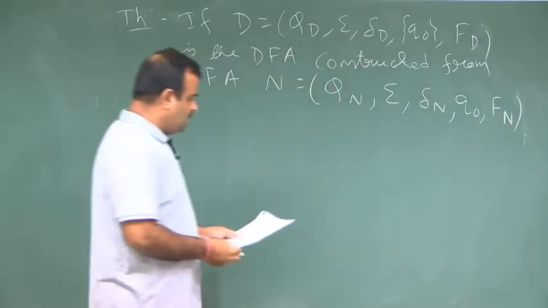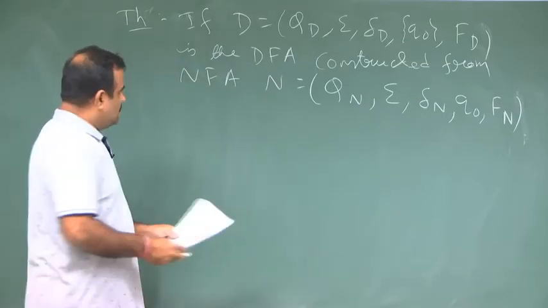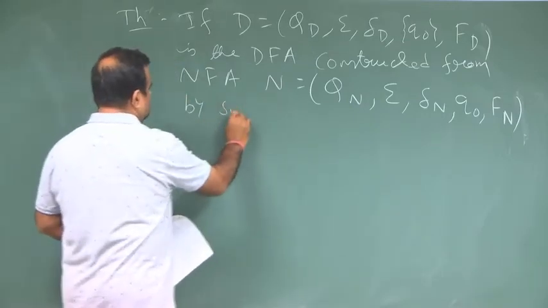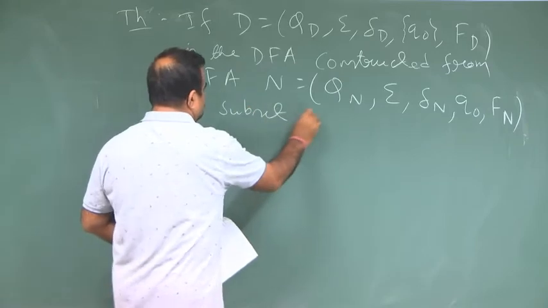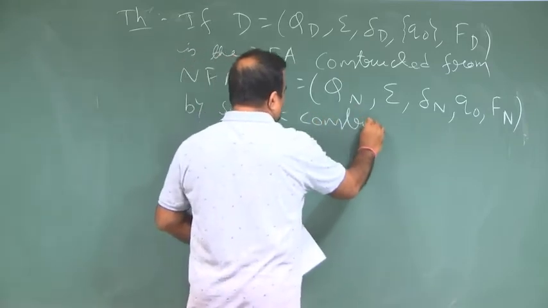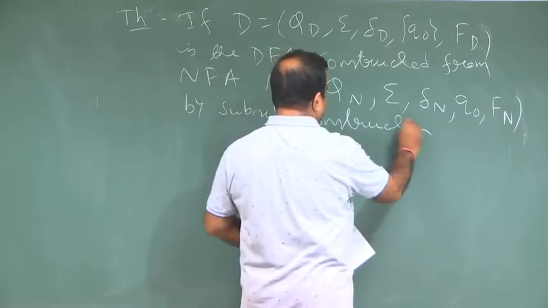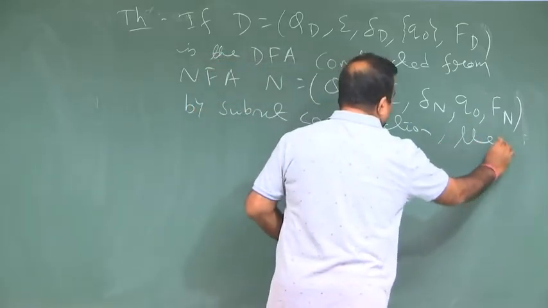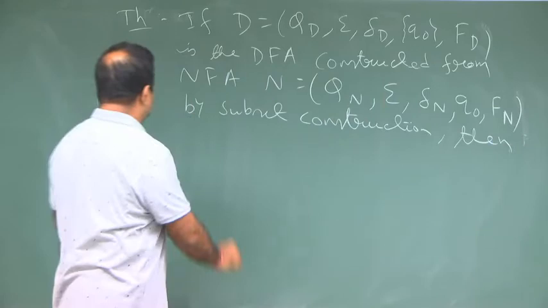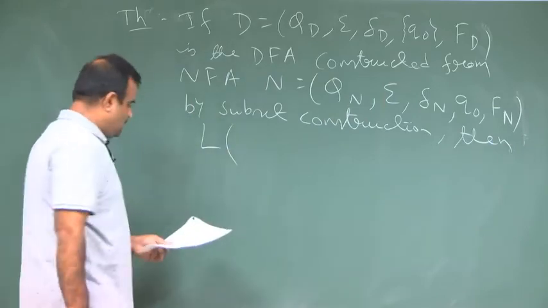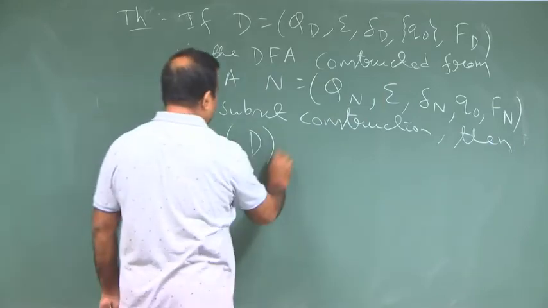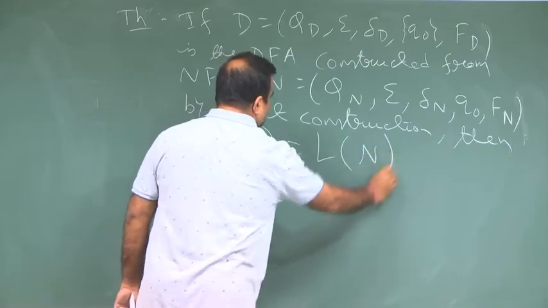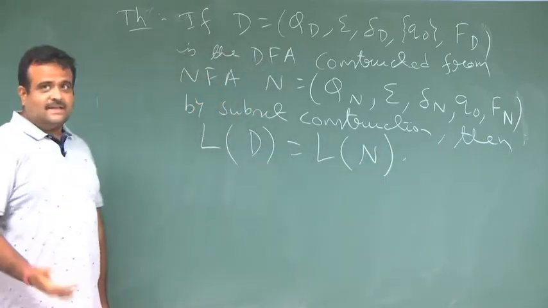From this given NFA, we are constructing the DFA by the subset construction method. Then the language of this NFA is the same as the language of the DFA. So, that is the goal.